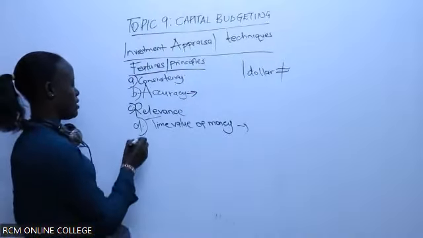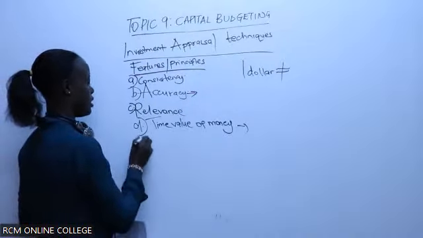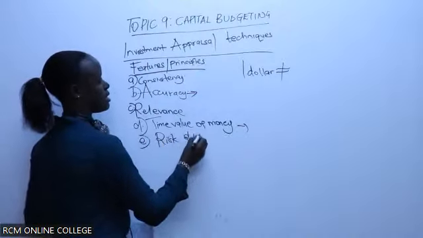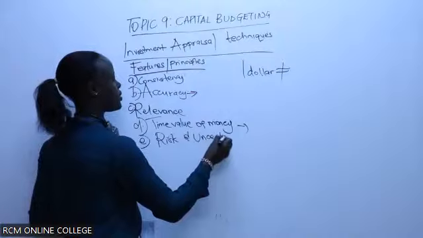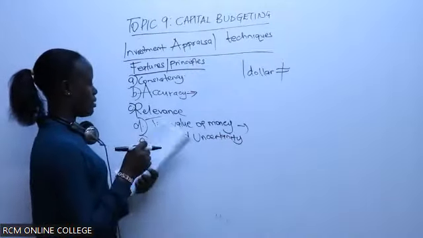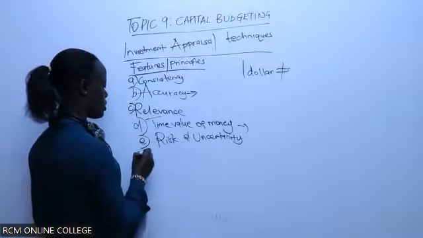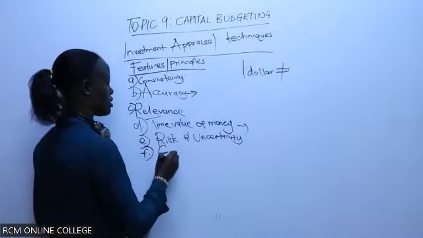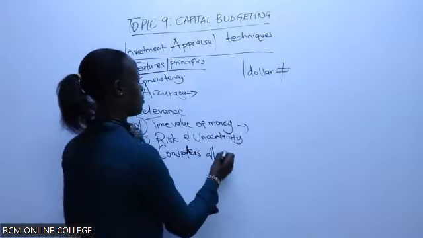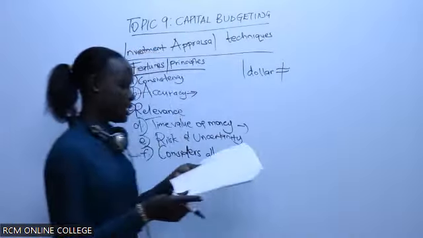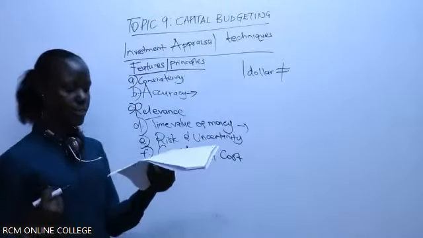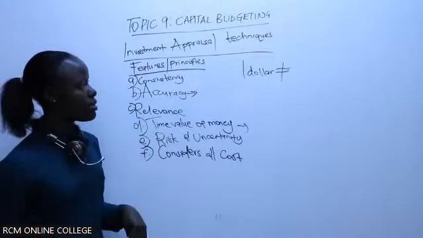We can also talk of risk and uncertainty. This, I guess, is self-explanatory. You can also talk of considering all costs. It should consider cash flows relating to the entire useful life cycle of the project.